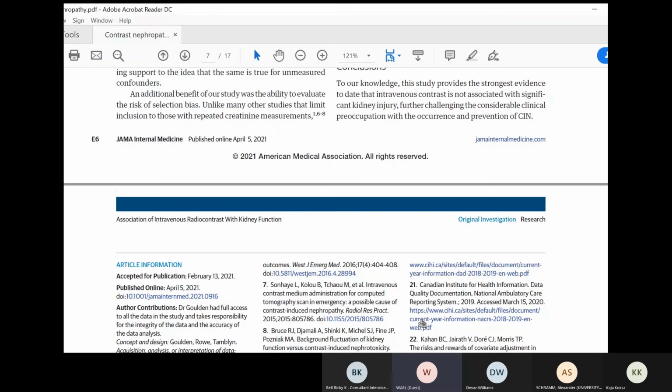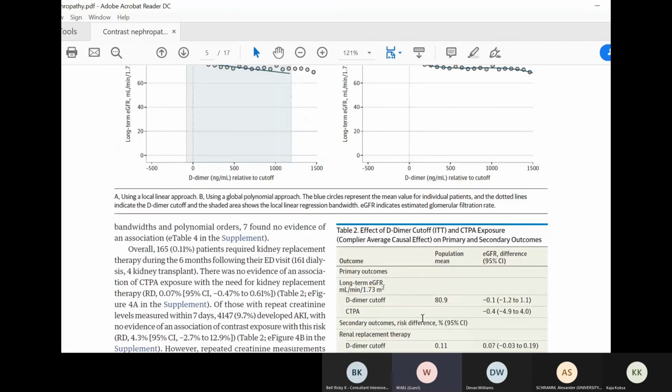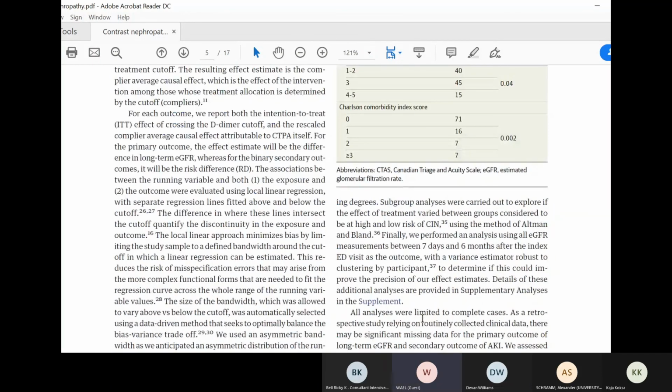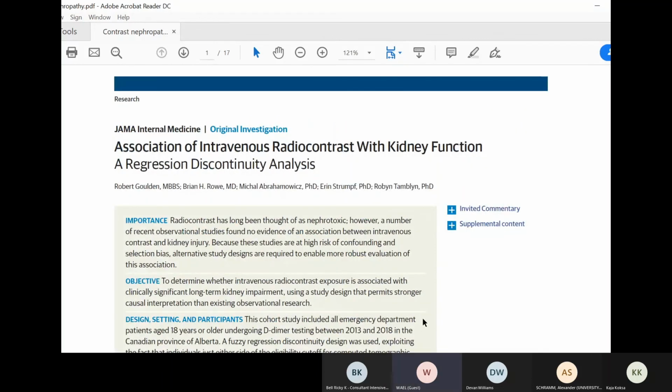So my opinion regarding this study is that it included a larger group of population over a prolonged time, which adds to its accuracy, but they did not consider the variability of eGFR, like chronic kidney disease. The definition of chronic kidney disease in a young patient will be different from an older patient.